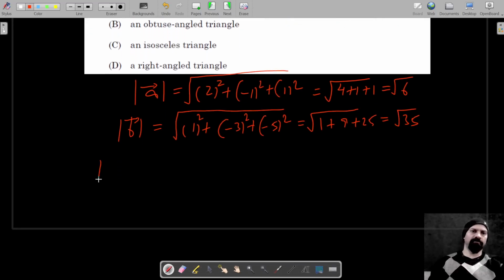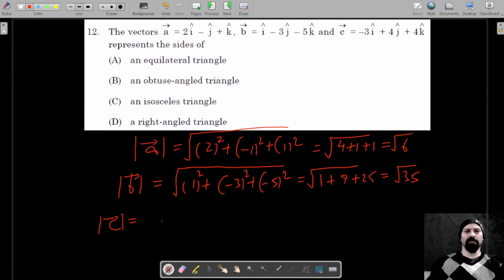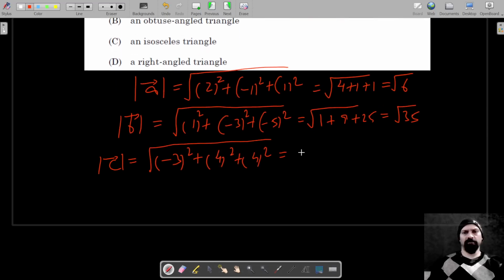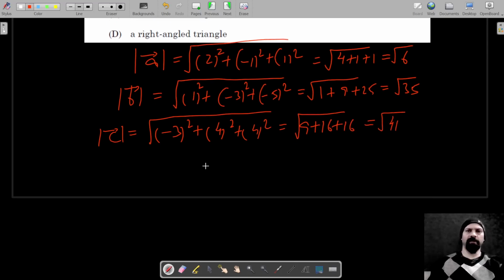Okay, now magnitude of C vector is equal to negative 3 square plus 4 square plus 4 square under root, and that is equal to 9 plus 16 plus 16, which is equal to under root 41. Now, here the greater side is this.